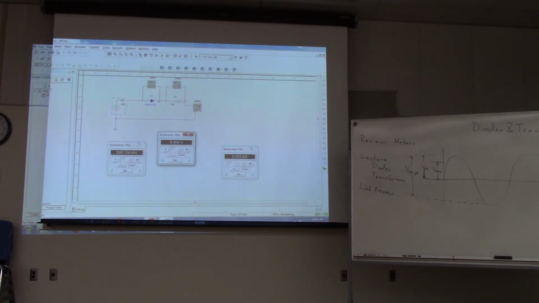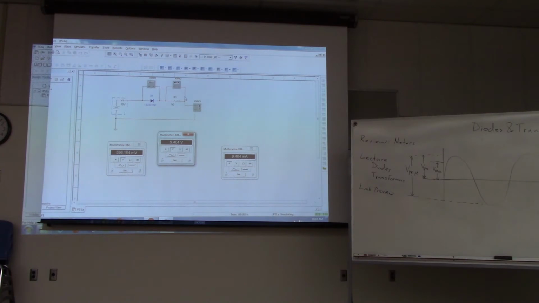So really, if we were analyzing the circuit, what we would say is we've got a 10 volt source here and then a 0.6 volt drop. So we would say that we have about a 9.4 volt source to the left of our resistor, and then 0 volts on the right-hand side, so we could analyze it that way. Because you're taking out that voltage drop, that's how we account for it.